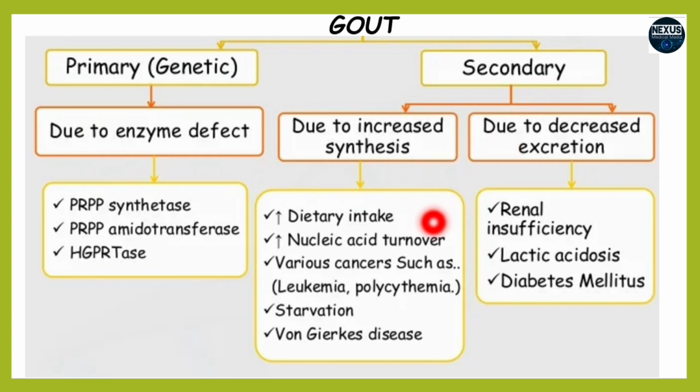Increased dietary intake, meats, red meat, beef, increased nucleic acid turnover, various cancers like leukemia, polycythemia, starvation, and Von Gierke's disease, which is a glycogen storage disease. What decreases uric acid excretion? Renal insufficiency, lactic acidosis, diabetes mellitus.